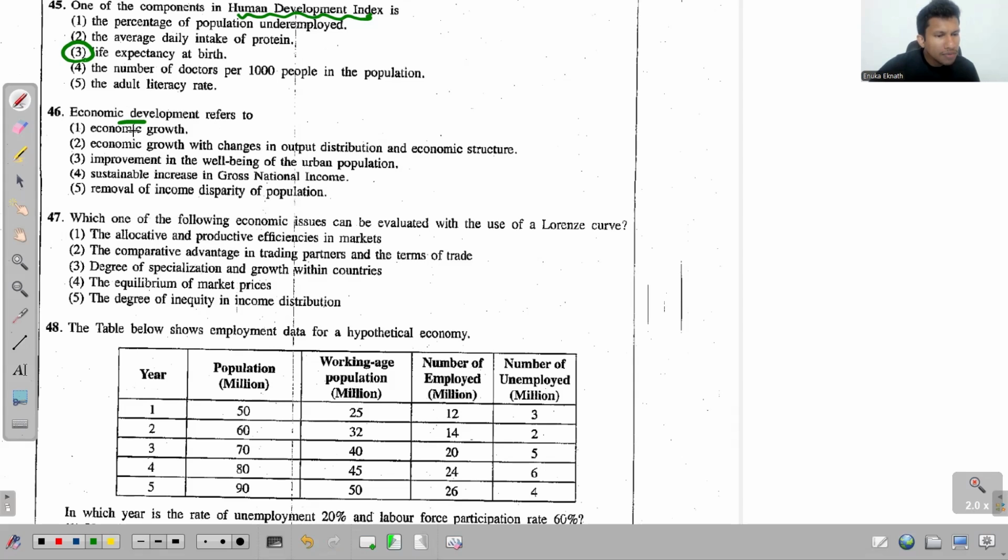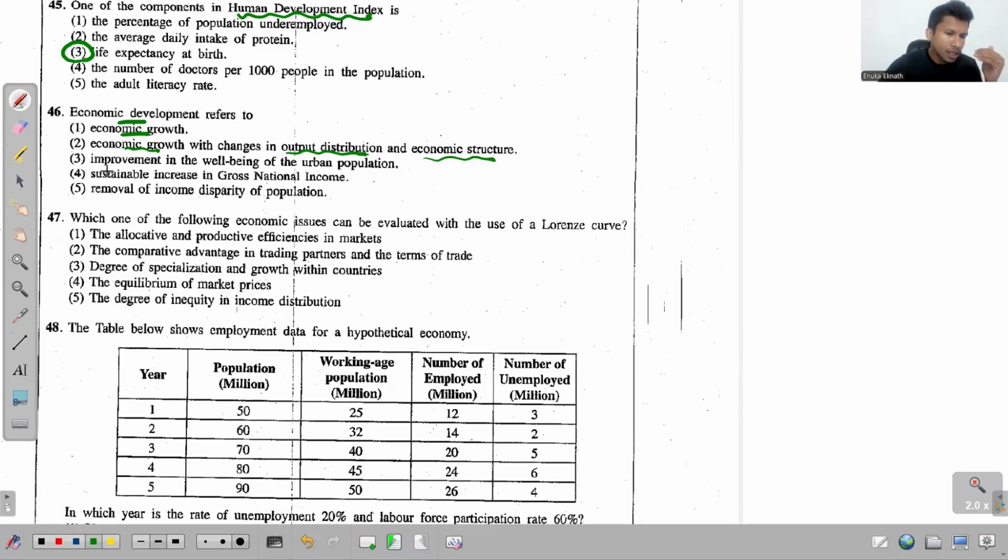That is not a synonym for economic development, because when it comes to economic development, it comprises both quantitative and qualitative aspects. So the second suggested answer says economic growth with changes in output distribution and economic structure, which I think is the most suitable out of these 5 options that they have provided.